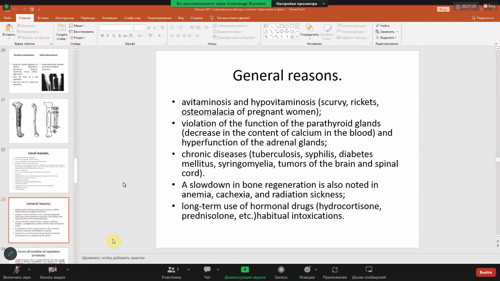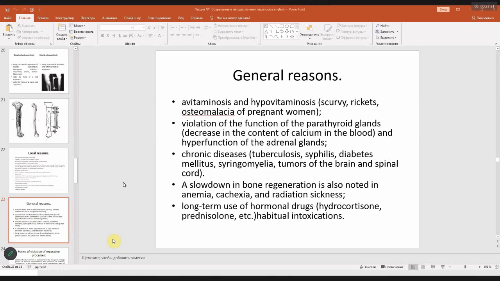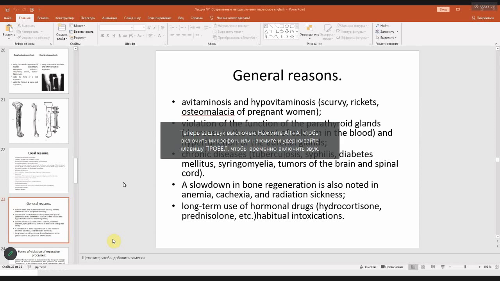Avitaminosis and hypovitaminosis, such as rickets, osteomalacia of pregnant women. Violation of the function of the parathyroid glands, decrease in the content of calcium in the blood, and hyperfunction of the adrenal glands.